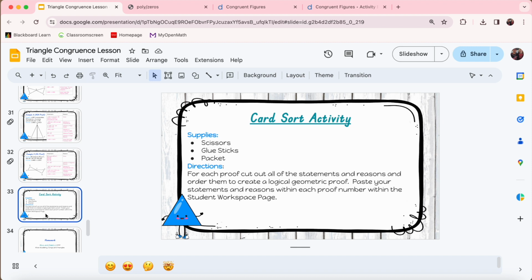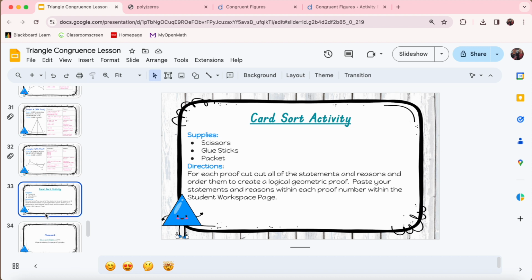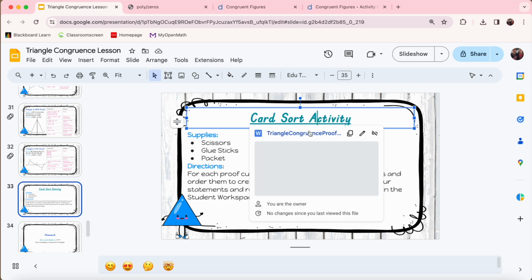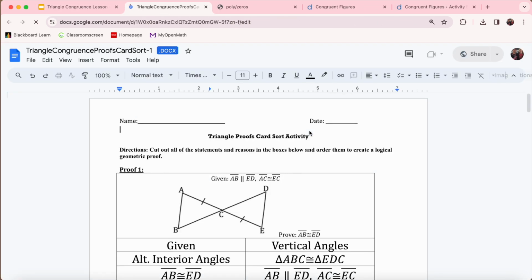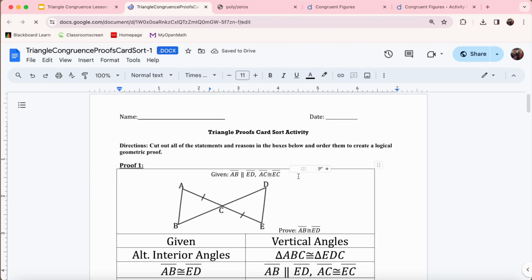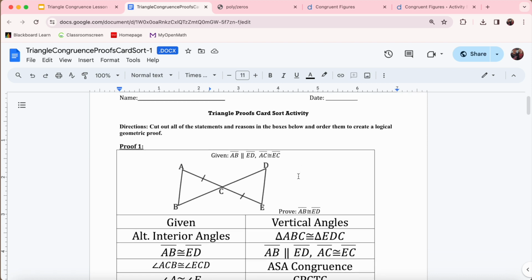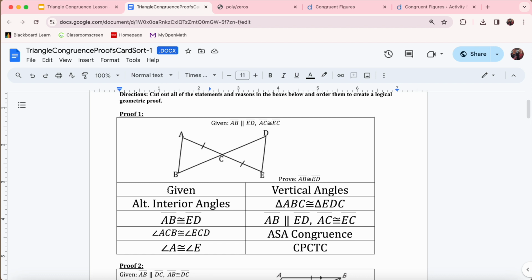The final thing that they would do, because I love group work, especially when paired appropriately, is a card sort activity. And so while I love technology, there is something to be said about things that are hands-on. So this time I chose to do a hands-on activity where each partner set of 2, or working individually, if you will, they would cut out all of the statements.